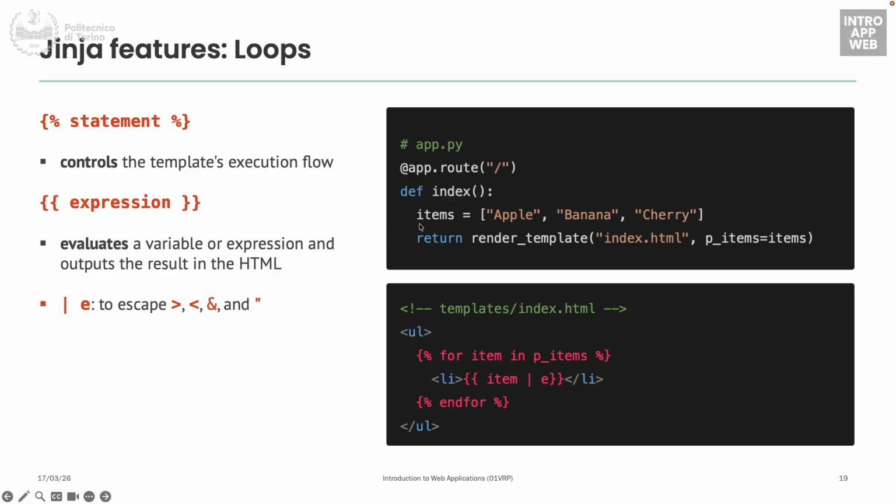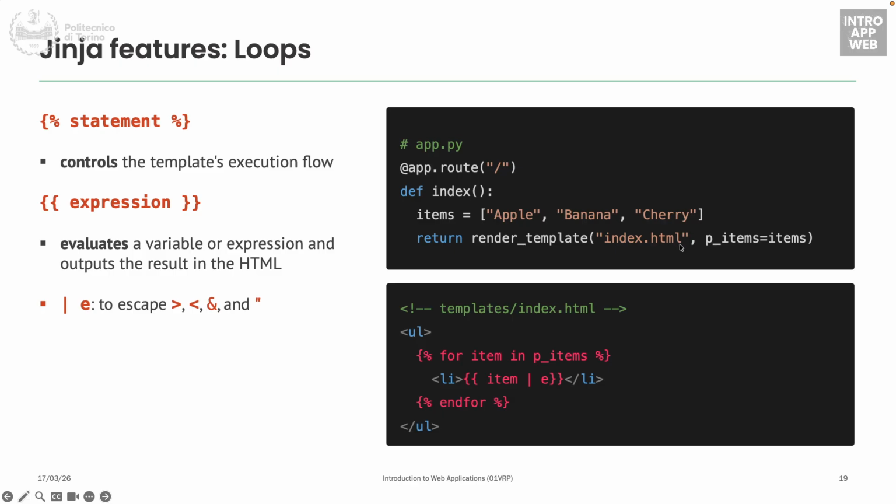So on the Python side, I'm basically declaring this array with three strings. That is something that we can do in Python. So this is regular Python, okay? And then in the render template, I'm doing the things as usual.